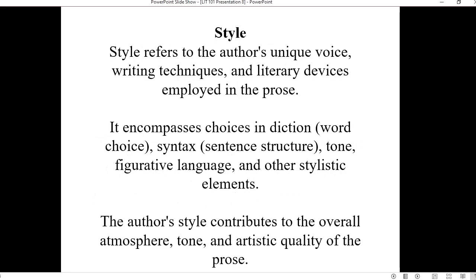The next one is style. As mentioned earlier, two people may describe the same event, but no matter how close the individuals describing an event may be, they cannot write the same way. Each person has his or her unique way of writing.